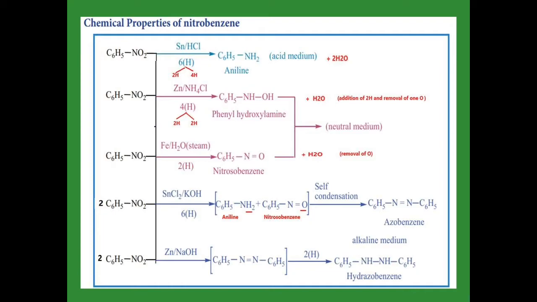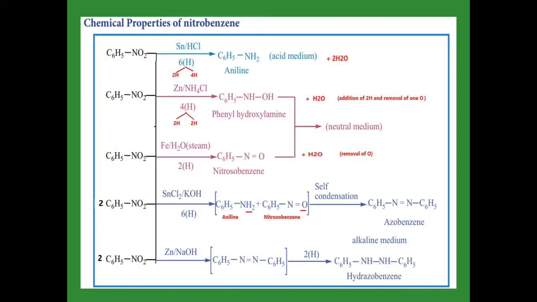Now once again, that aniline and nitrosobenzene, I indicate in red color, that hydrogen and oxygen are removed, and the remaining parts join to give C6H5N=N-C6H5, that is azo. Azo means the 2 nitrogen is called azo, and then it contains benzene, so that it is azobenzene.